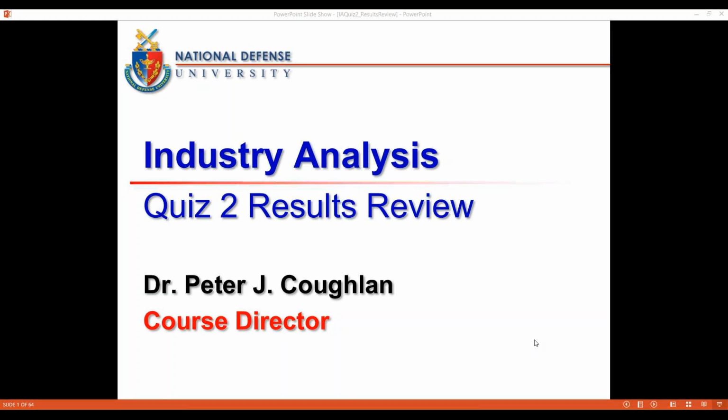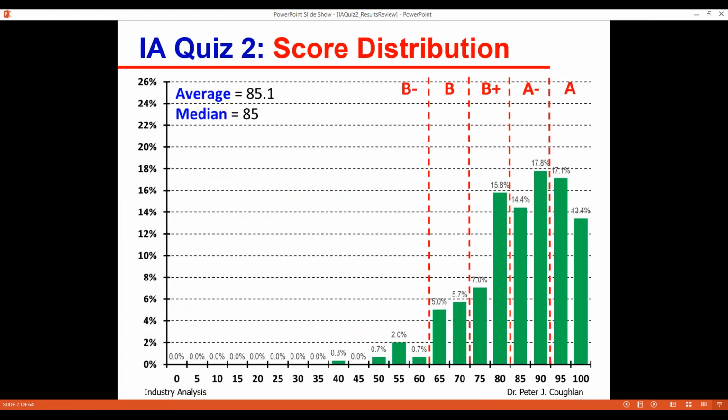All right, so this Quiz 2 covered the modules on industry change and innovation, corporate strategy, and global strategy. Here's the overall score distribution. The average was 85.1, and the median was 85, so pretty close to each other.